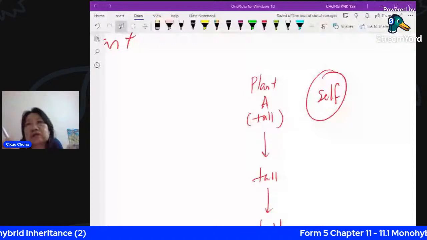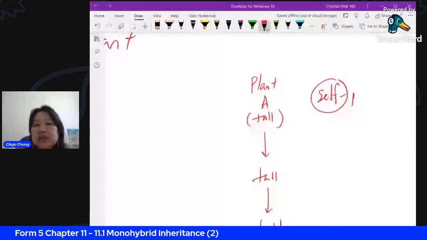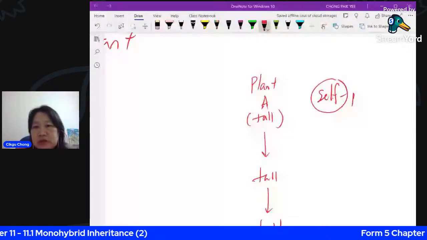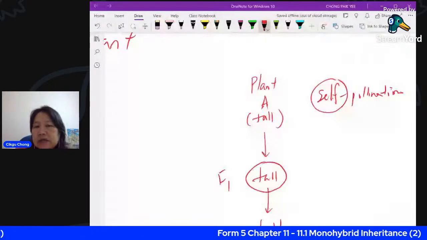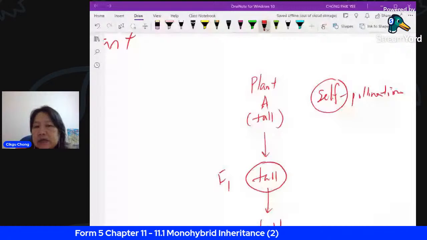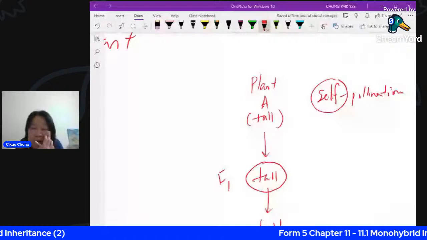Then I take the next generation and I plant it. Let's say the next generation, we call the F1, has the same characteristic as the parent. The parental looks the same, let's say tall. I take a tall plant, I self-pollinate, and I find that the children are all tall.